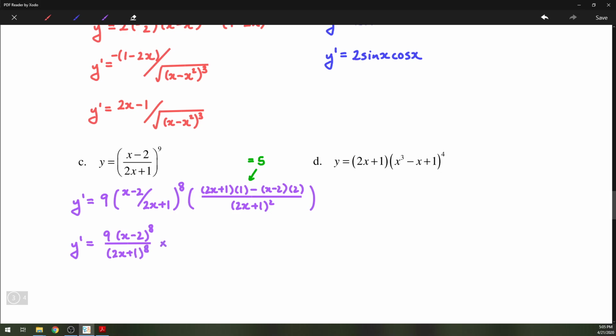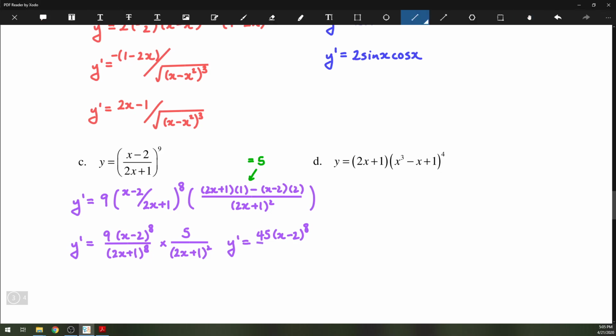And then the second term, you know that this is just a 5, so this would be 5 over 2x plus 1 squared. The reason for writing it like this is to show that these two, you can actually combine them together. So this really is y prime equals 9 times 5 is 45. So this would be 45 times x minus 2 to the 8th power all over 2x plus 1 to the 10th power.